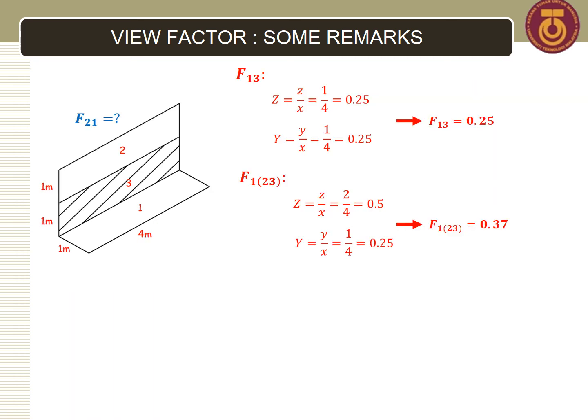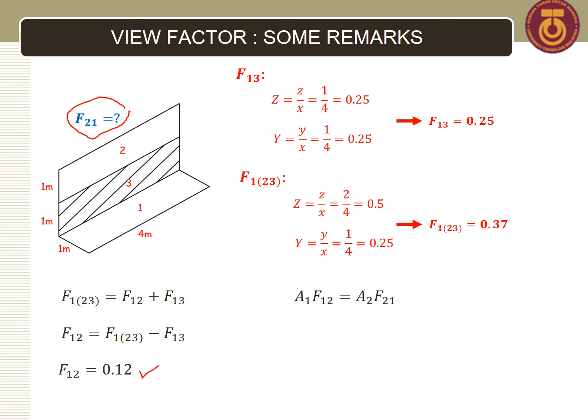From the previous slide, using superposition rule, we have F12 equals 0.12, but what we are required to calculate is F21. So there is one more step which enables us to determine F21: now we need to apply reciprocal rule. We know A1 F12 equals A2 F21.